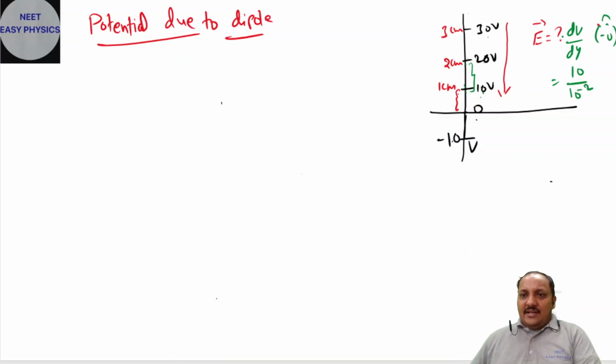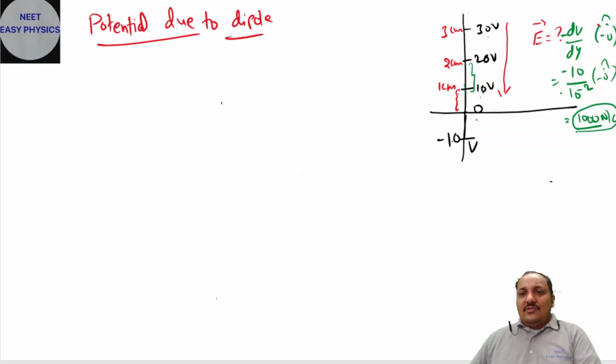So if you want to write, it is minus dV by dy, this is minus j cap if you want the direction. So finally you are going to get 1000, isn't it? 1000 Newton per Coulomb magnitude.